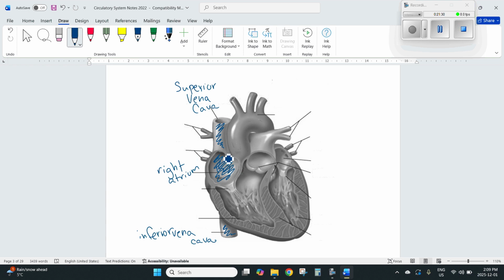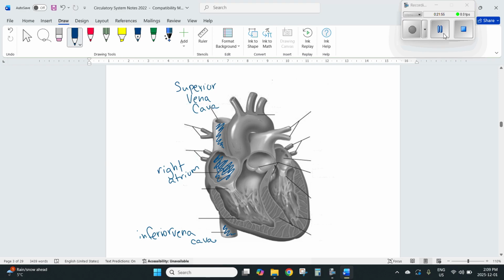So we have blood moving through the heart, from the vena cava to the right atrium. Now we go through this structure located right here. This structure is actually a valve. Valves are really important in the body. We have valves located in the veins, and they're preventing backflow.